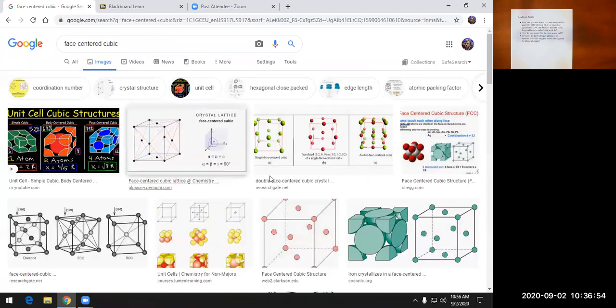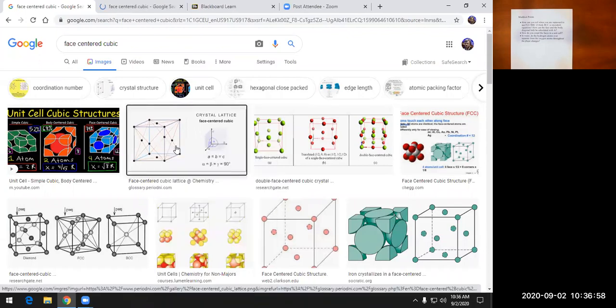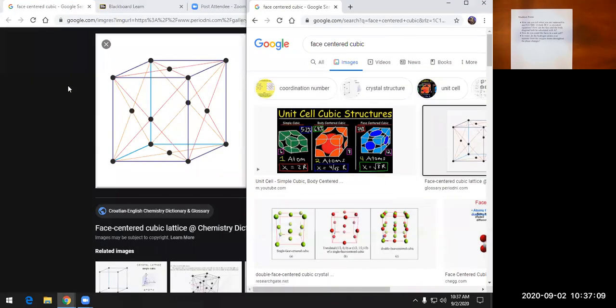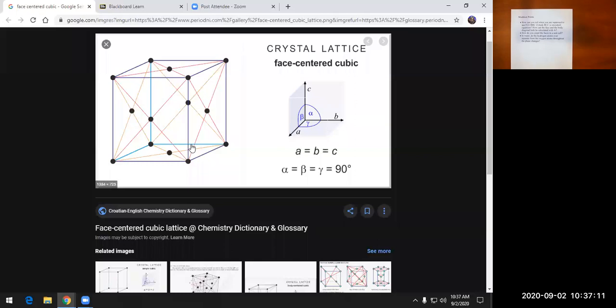So if we look at the face-centered cubic lattice, there are 2 ways to look at this. Okay. This is one way to visualize it, where you put little dots at each place where you're going to have an atom.